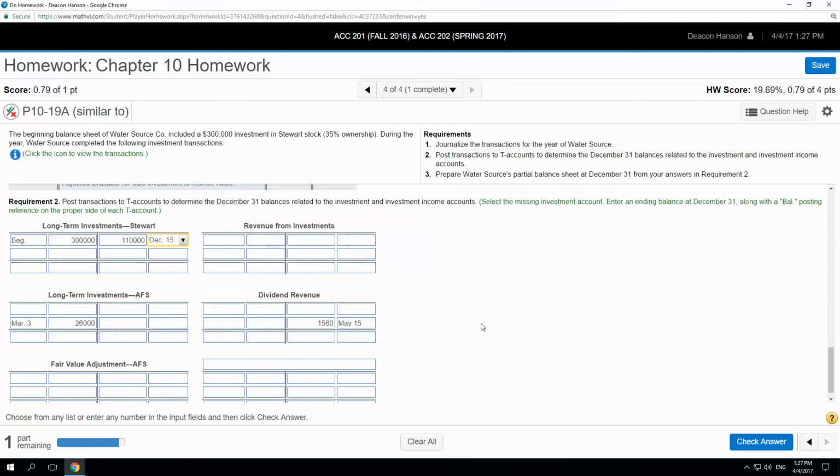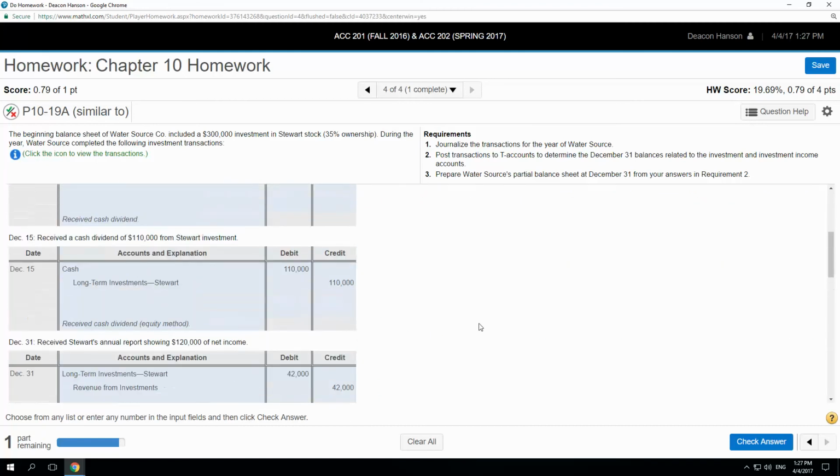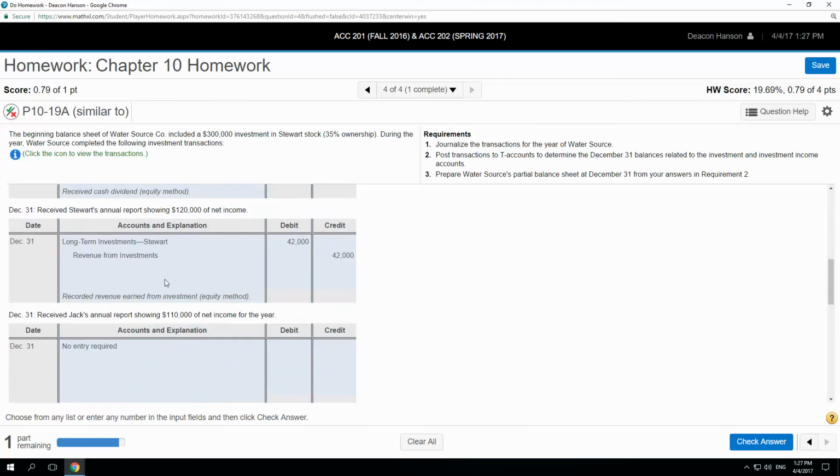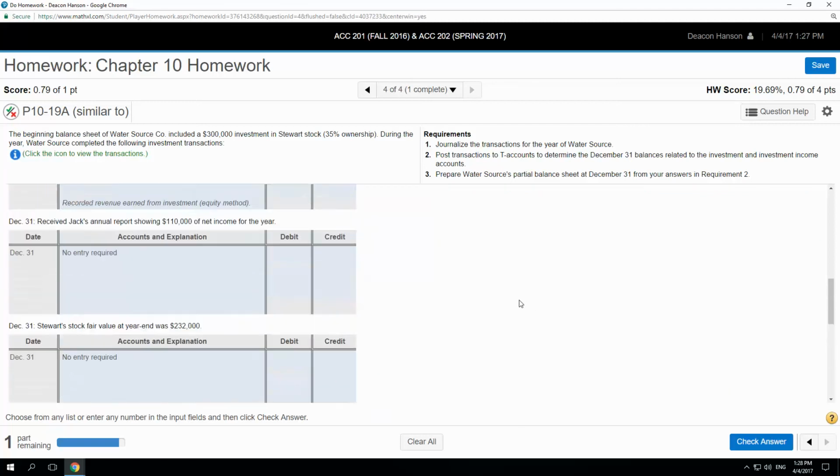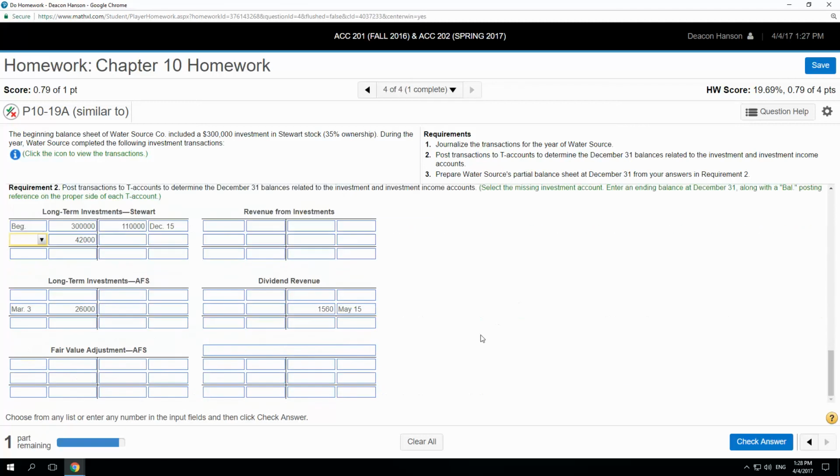On December 31st, we're going to have a debit to long-term investment Stewart, 42, and a credit to revenue. Make sure my date is right. December 31st.